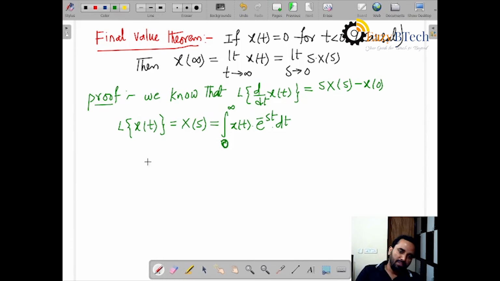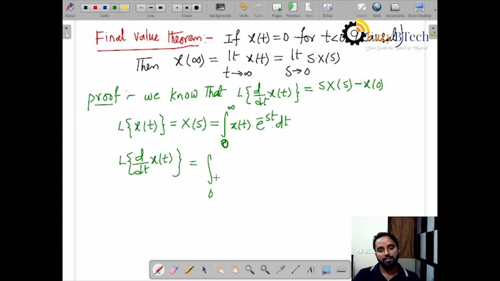So as per the formula, we now write the Laplace transform of d by dt of x of t. That is the integral from 0 to infinity of d by dt of x of t into e power minus st dt.